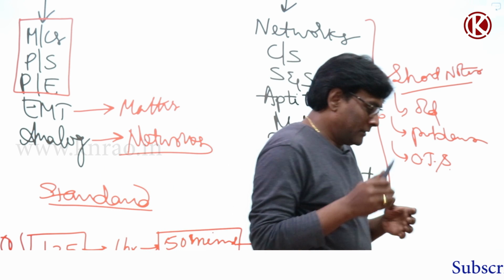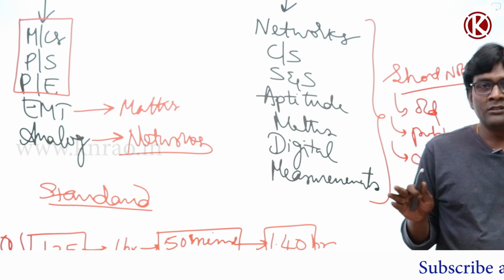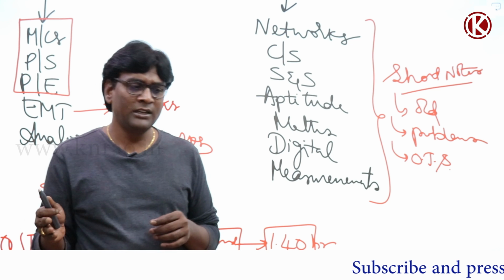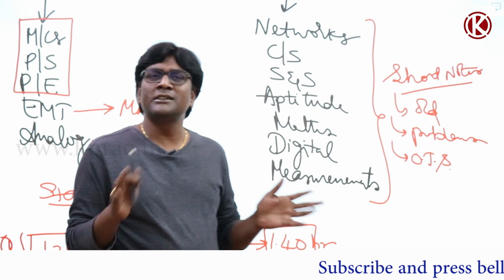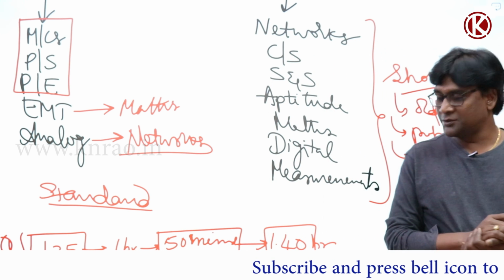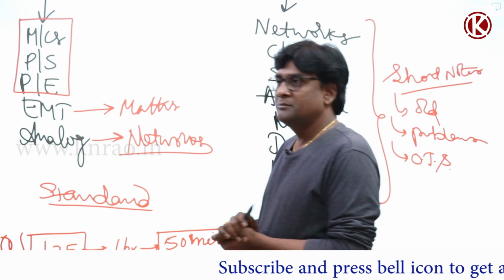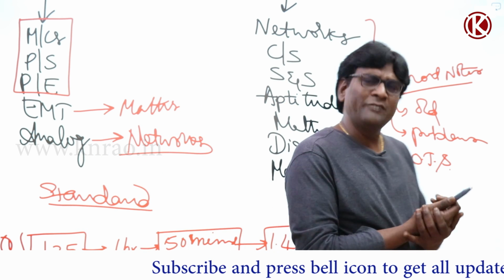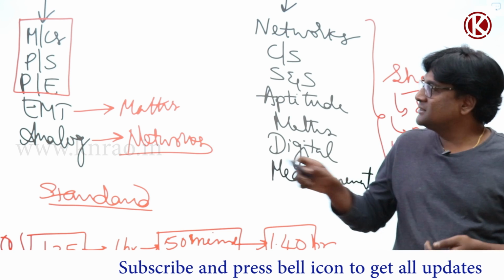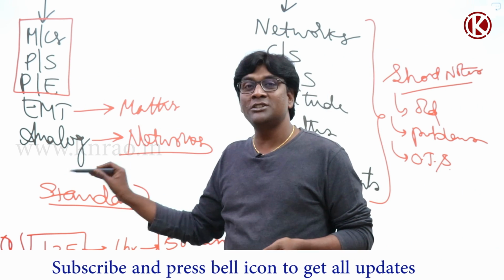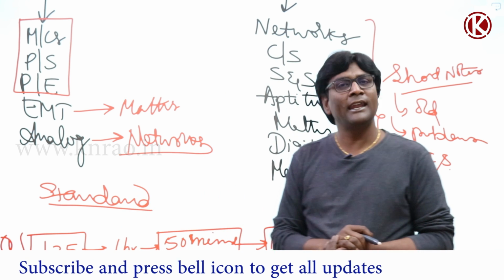Now BTech final year students, or whoever is preparing for GATE 21, I request you not to prepare any standard books. BTech third year students, if they can start the preparation now, that will be advantageous, because they can convert these two or three subjects into analysis subjects.